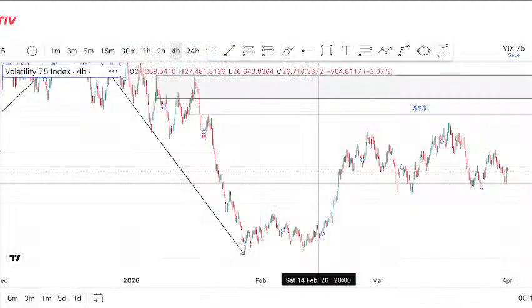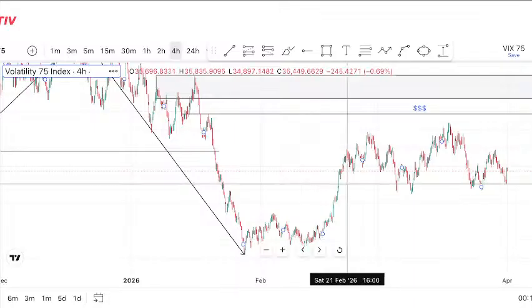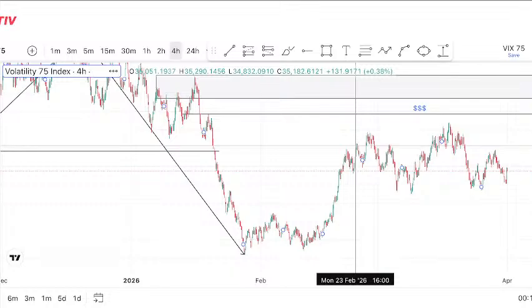You can see that the internal structure currently is still bullish. Price is still making a series of higher lows and higher highs, and price came close to this high here. So it is preparing itself to come and take its place here.